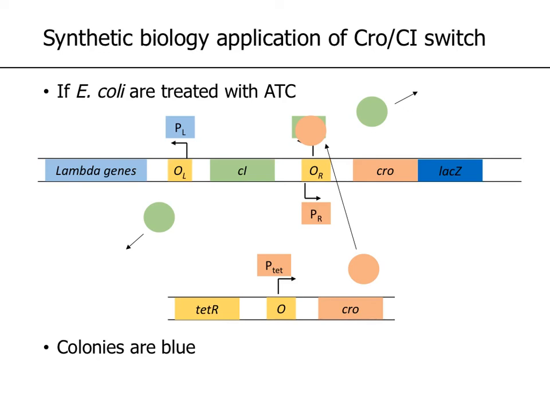Remember, because it's in a cell now, you can't get induced. So this is going to decrease, and when the concentration is low enough, these are going to fall off, and you're going to make the CRO that's attached to the LAC-Z. And so you're going to get the LAC-Z, and then your colonies will be blue.